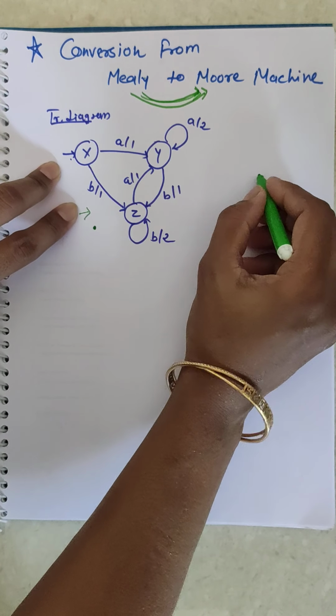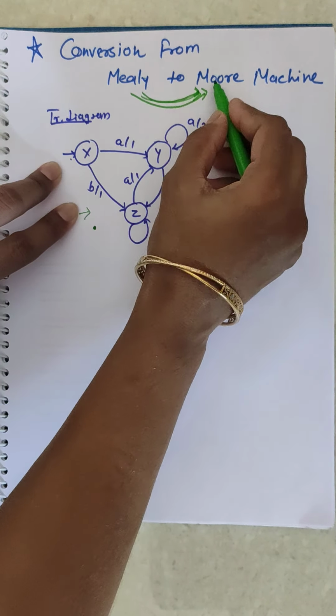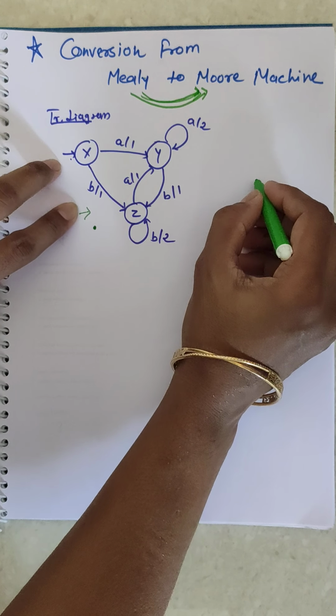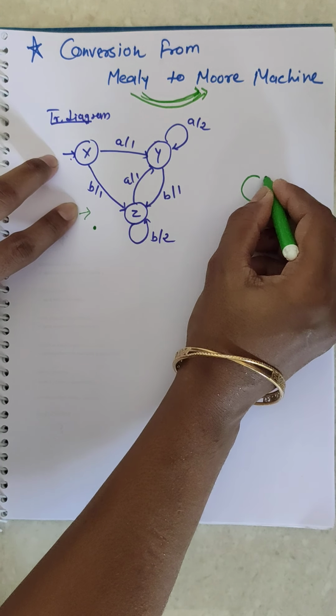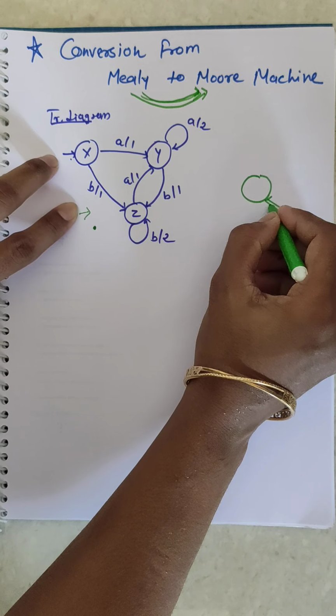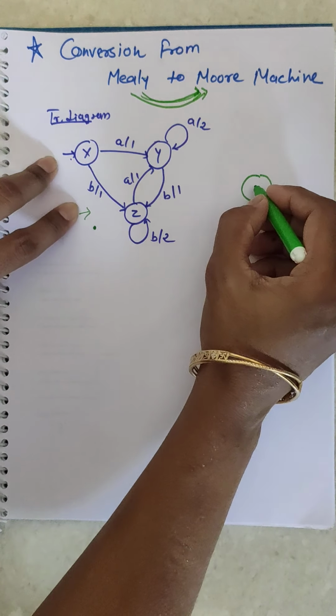Now see, for conversion from Mealy to Moore, we have to find a state with incoming edges that have different outputs. Suppose this one is a state.